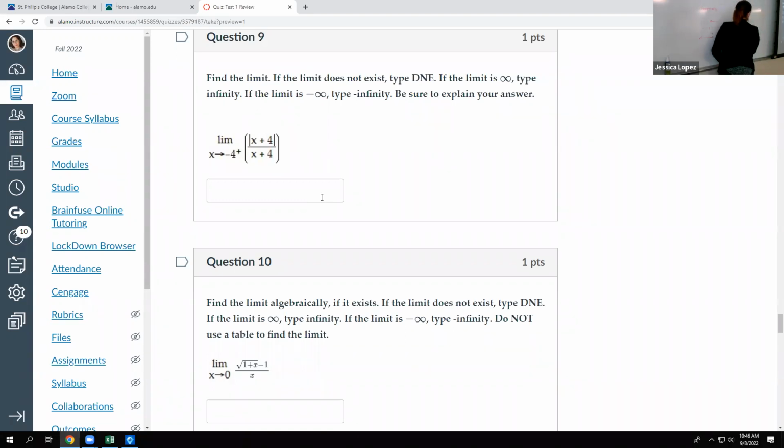And then what is it when you get the same thing over itself? Just 1. And what's the limit of any constant? Just that same constant, right? So that's algebraically.